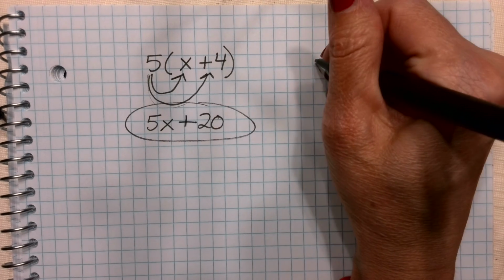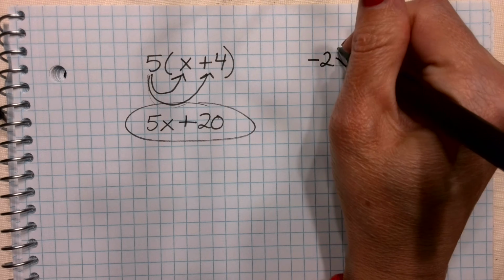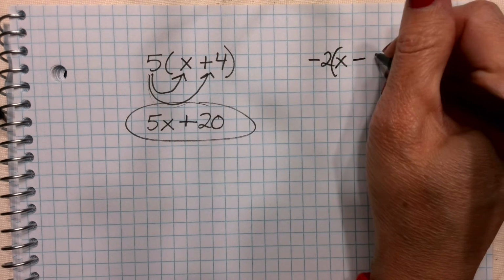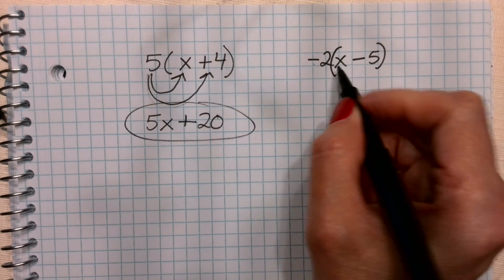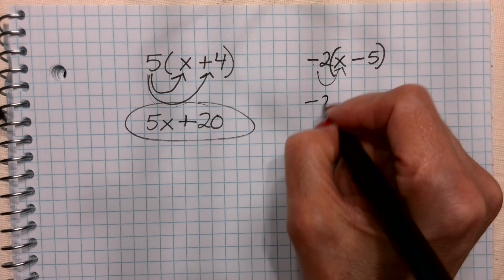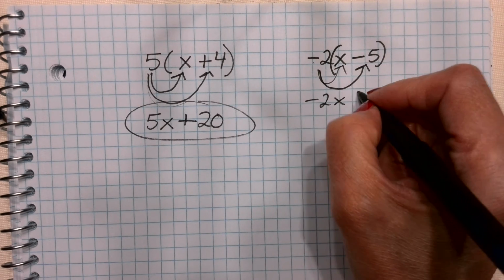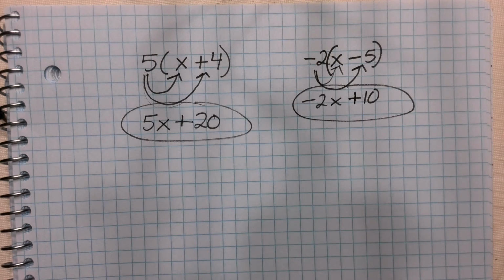If you have a problem that looks like this, say a negative 2, and then inside it's x minus 5, you would then say, what's negative 2 times x? Well, it's just a negative 2x, and a negative 2 times a negative 5 is a positive 10, remembering from our integer rules.